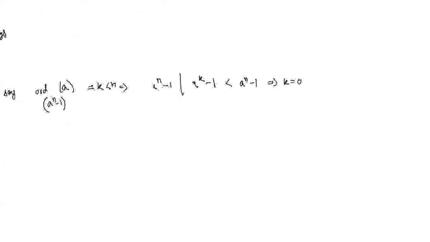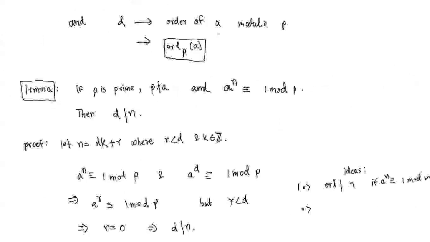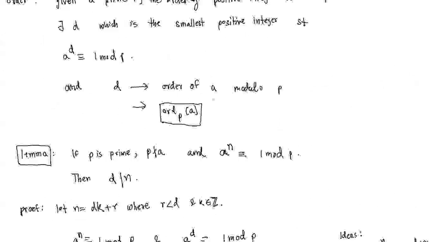And we had a greater than 2. So the order of a mod a^n minus 1. I said that it holds for non-primes also, at the beginning of the class.